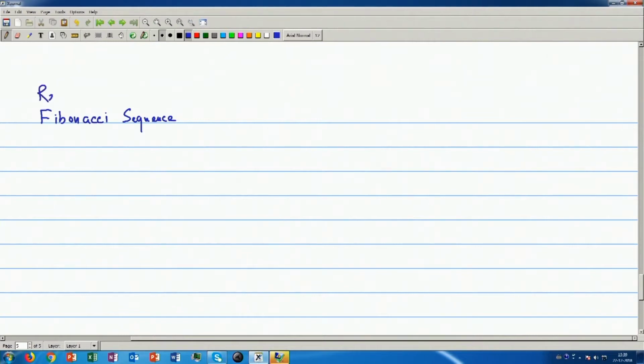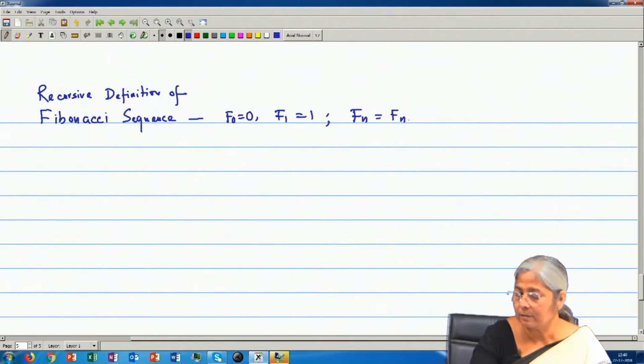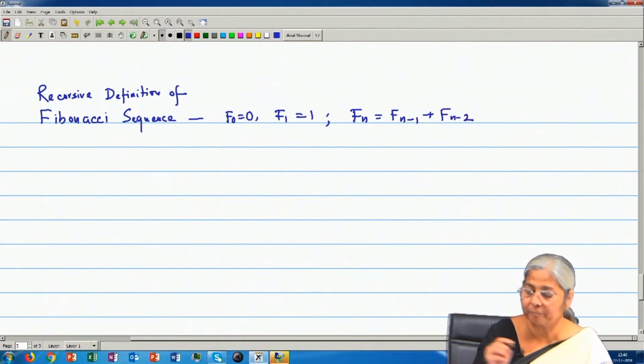The recursive definition of the Fibonacci sequence, with the initial conditions f 0 equal to 0, f 1 equal to 1, is f n equals f n minus 1 plus f n minus 2.